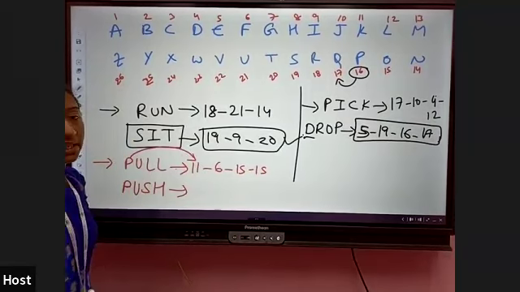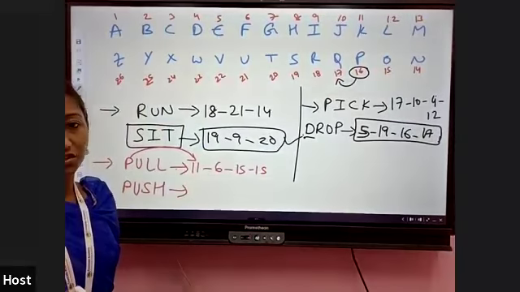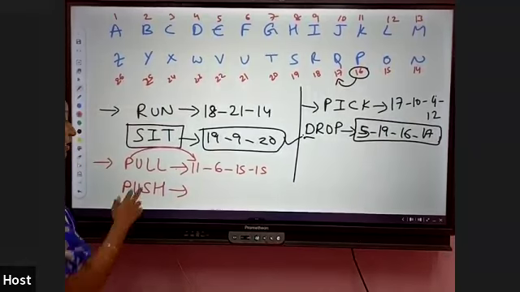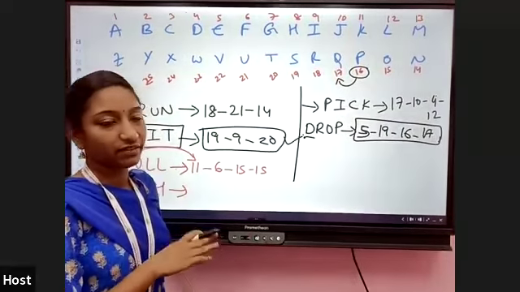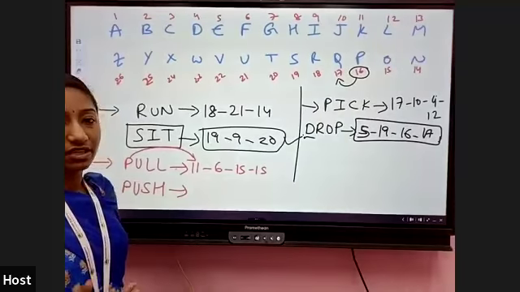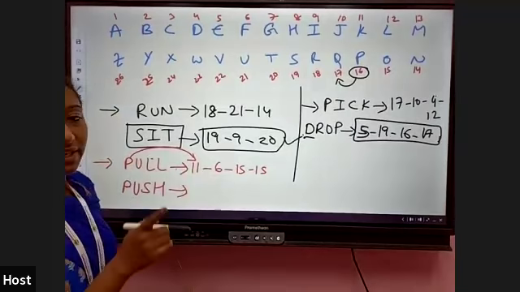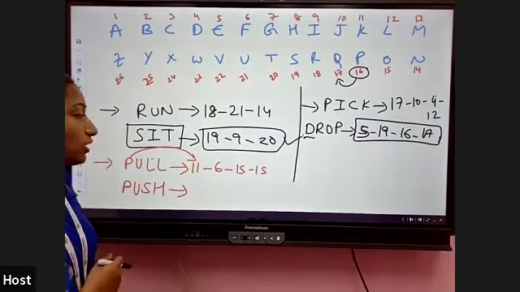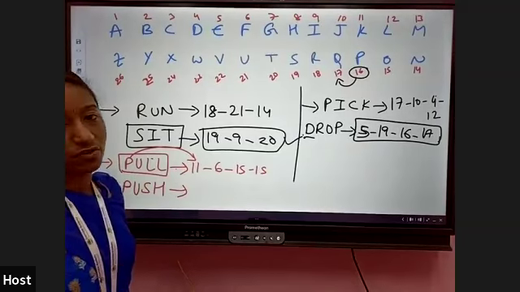The relation between P and 11: the original value of P is 16. P's opposite letter is K. K's value is 11. Next, U. The original value of U is 21. U's opposite letter is F. F's value is 6. Next, L. The original value of L is 12. L's opposite is O. O's value is 15. So like this, they gave the opposite letters' values for PULL.